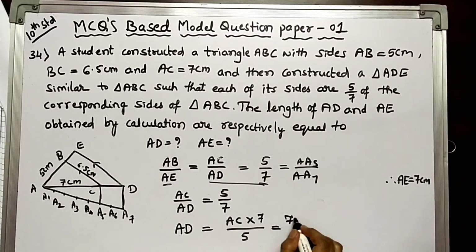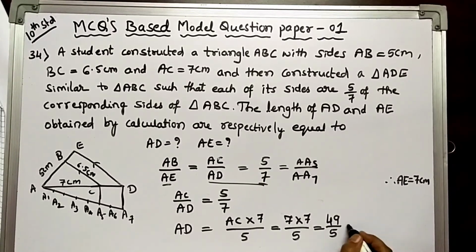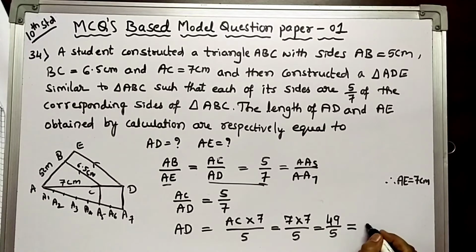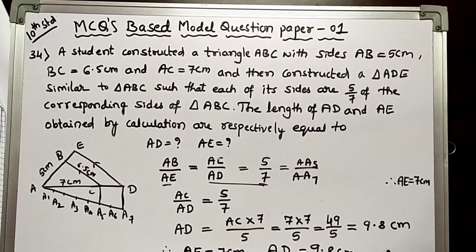AC is 7 cm, into 7 divided by 5. So 49 by 5 is equal to 9.8. Therefore the answer: AE is equal to 7 centimeters and AD is equal to 9.8 centimeters. Option A.